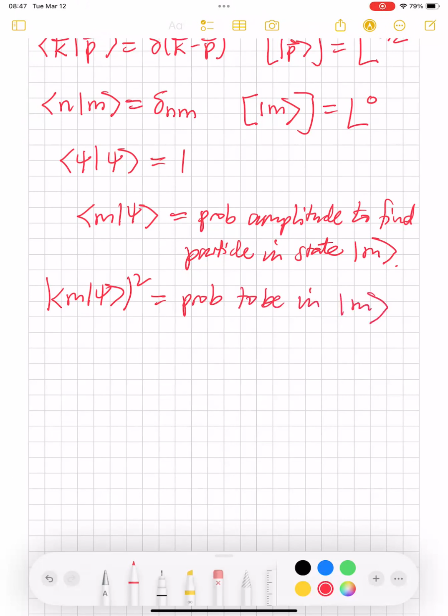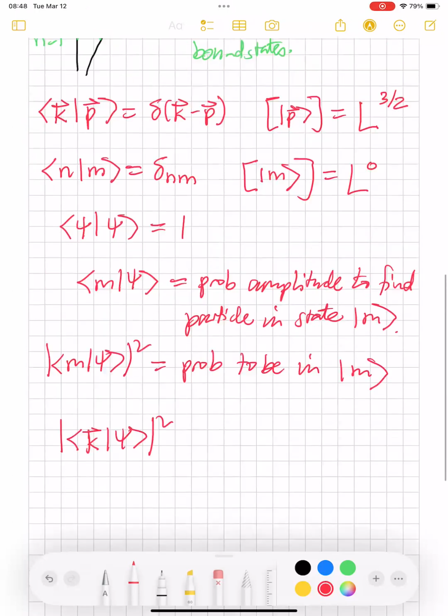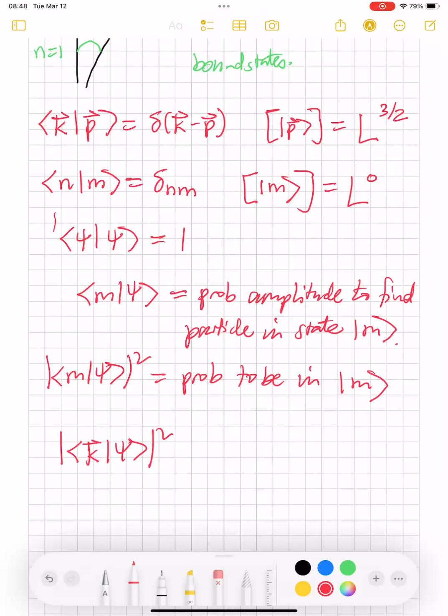If we take some bra k with psi squared, well, we know that psi is dimensionless because it's normalized to 1, but we also know that the continuous label state is not dimensionless because it's normalized to the Dirac delta function.